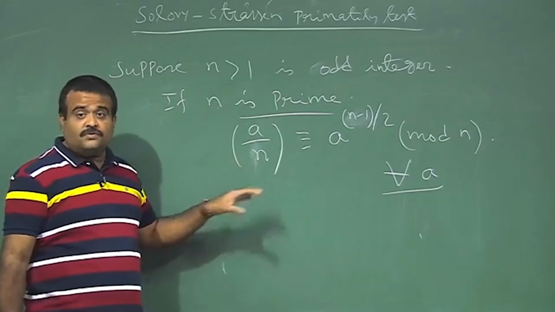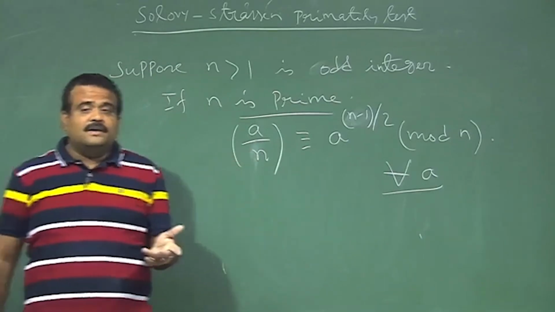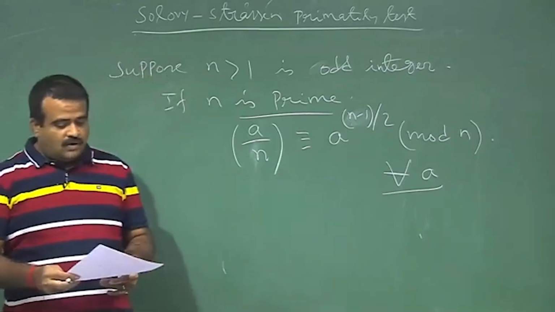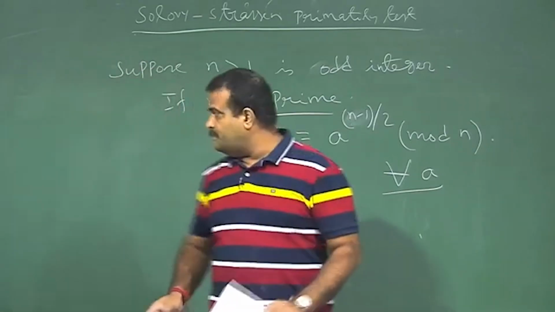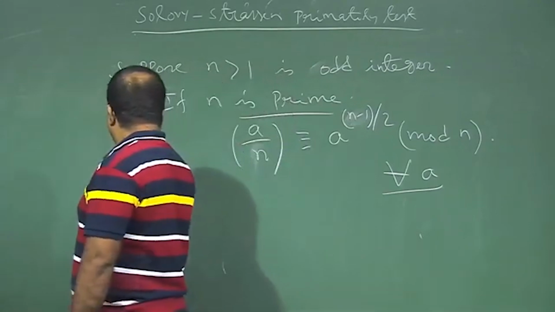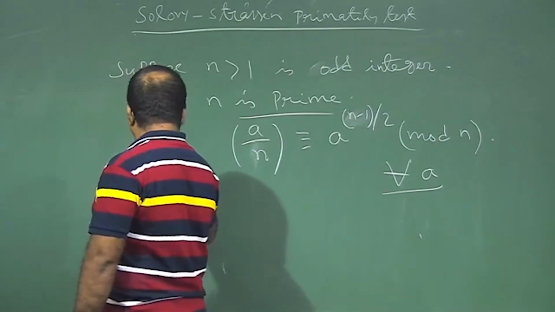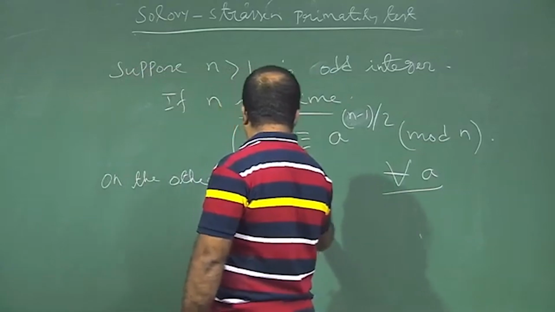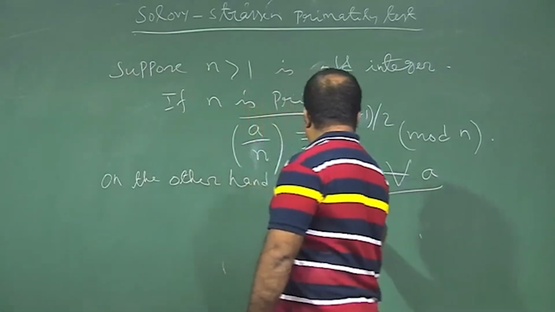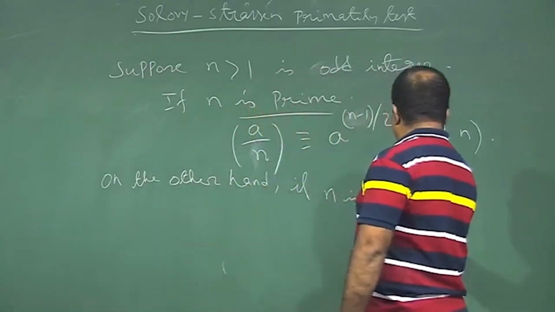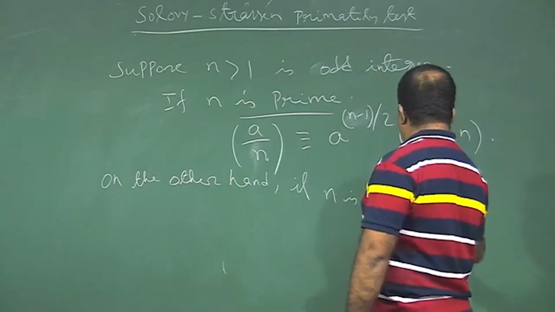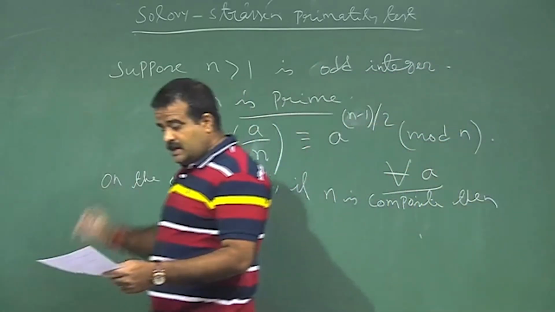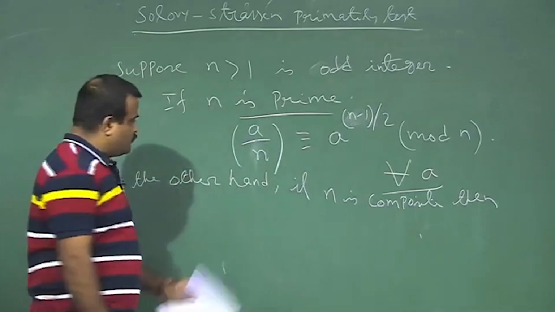Now, if n is prime, then this is true. But if this is true for some integer a, then we cannot say n is prime. On the other hand, if n is composite, then this may or may not be true.